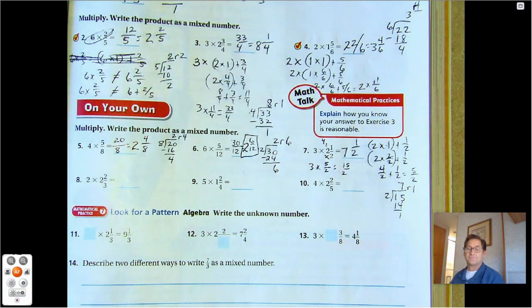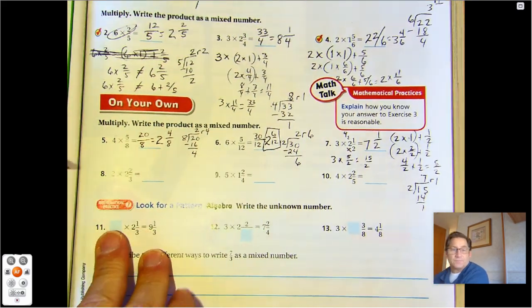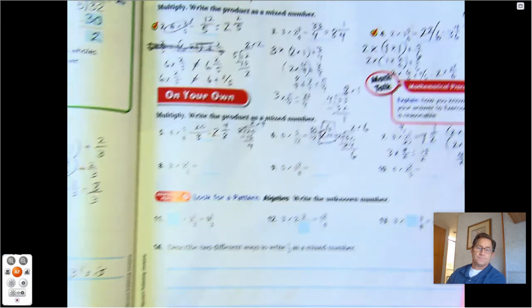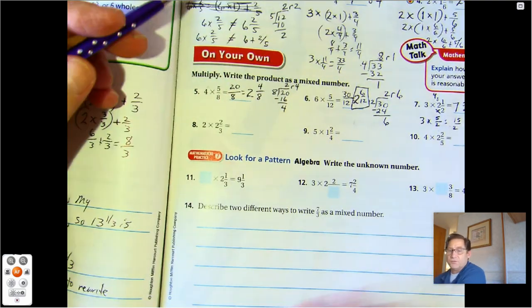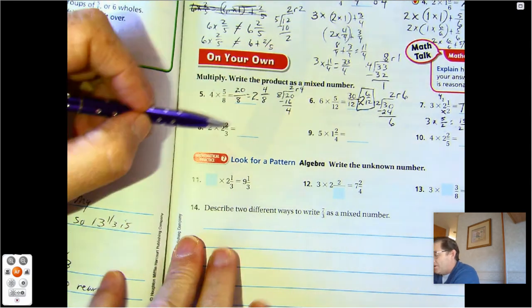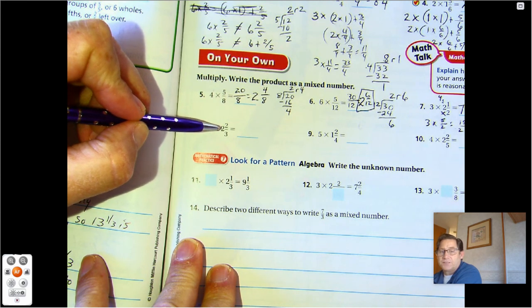So number 8. 2 times 2 and 2/3. So I know every whole number in this problem has 3/3 parts.